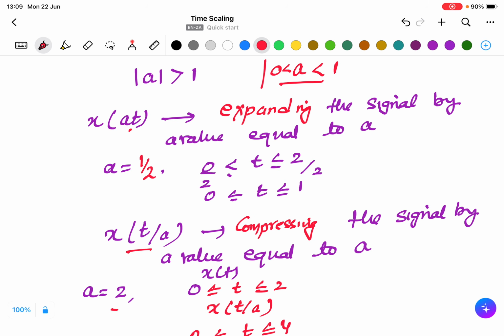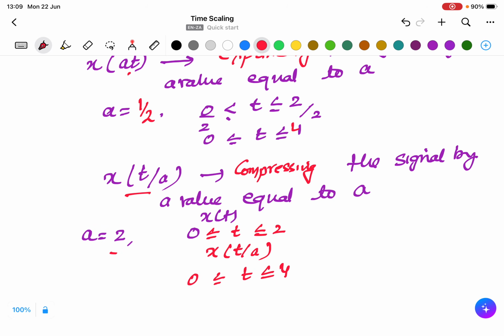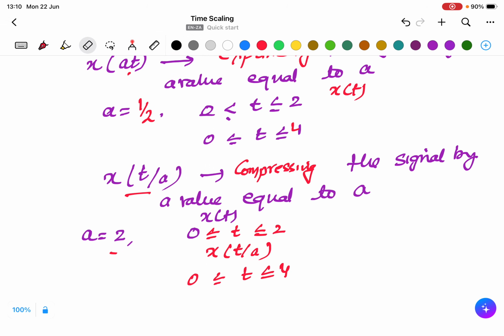Basically then the signal will have 4 here, and this is your x of t. So if you are compressing, then it's a equal to again 1/2. This x of t by a will basically be the condition where you are compressing it, and it becomes like that.